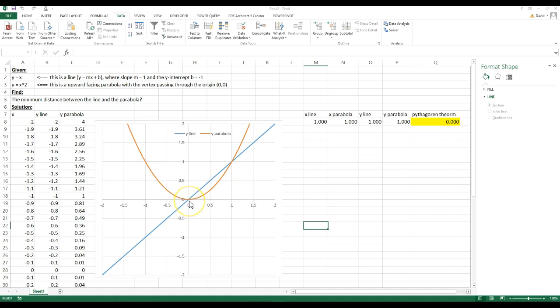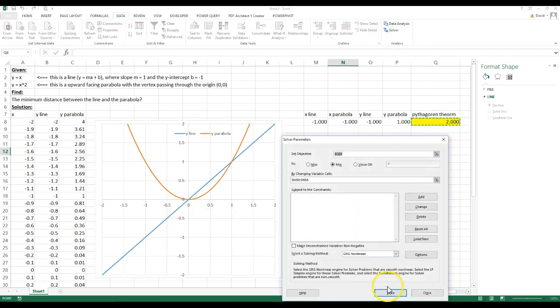You can see there's another solution here too. Maybe if I had started down here at minus 1 for the x, and maybe minus 1 for the other, so I start down here, I wonder if I can get Solver to zoom in on this one. Let's try it. Solve.